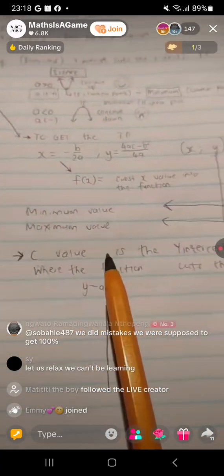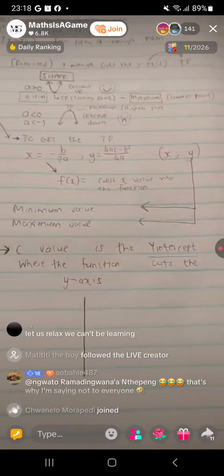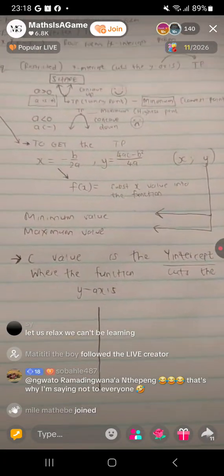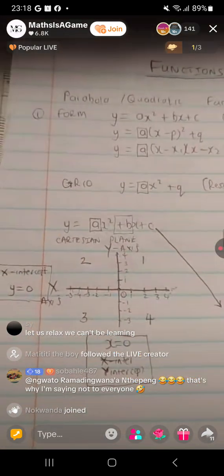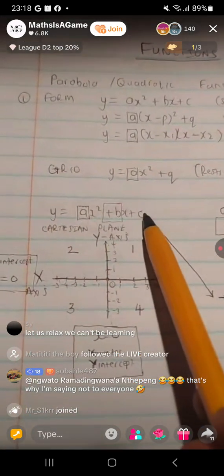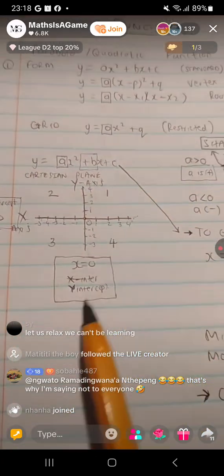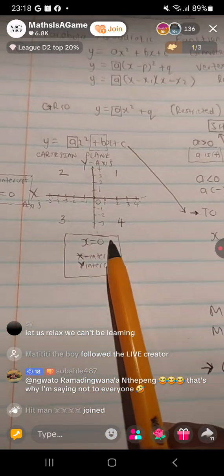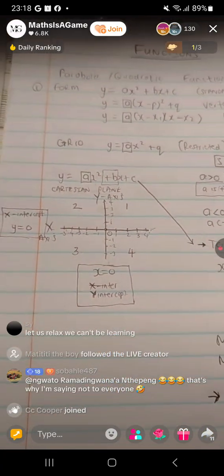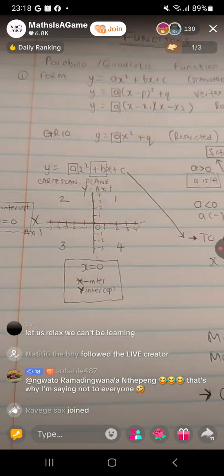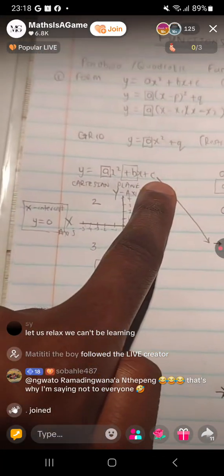Hence we say that the c value is what we call the y-intercept. It is the value that we get after we let x be equal to 0. But we get it by letting what? x be equal to 0. We get y is equal to c when x is 0 for this particular function.